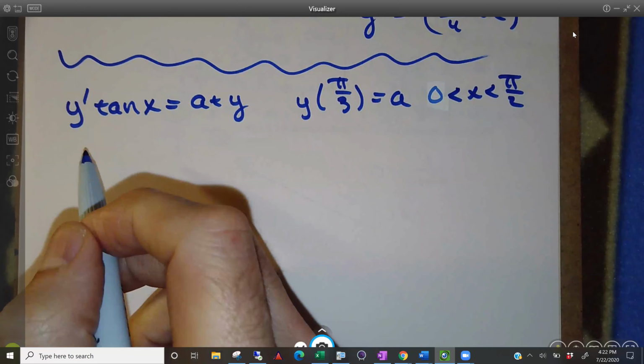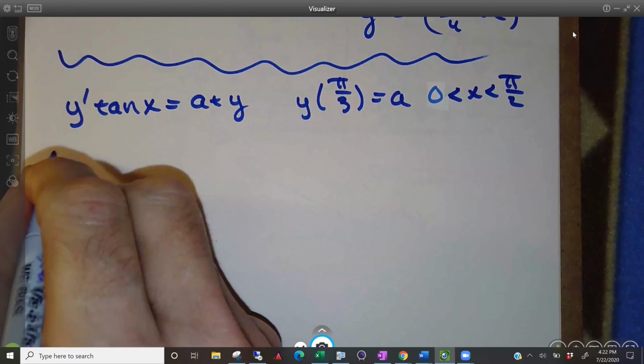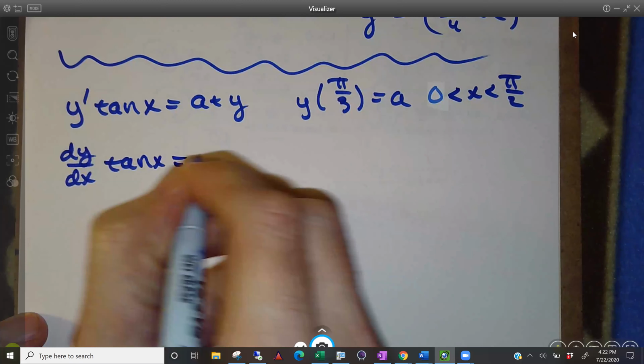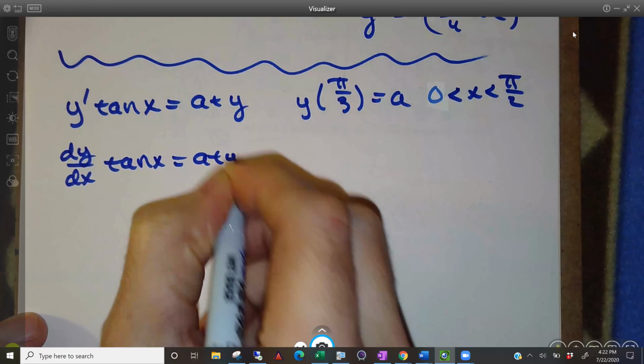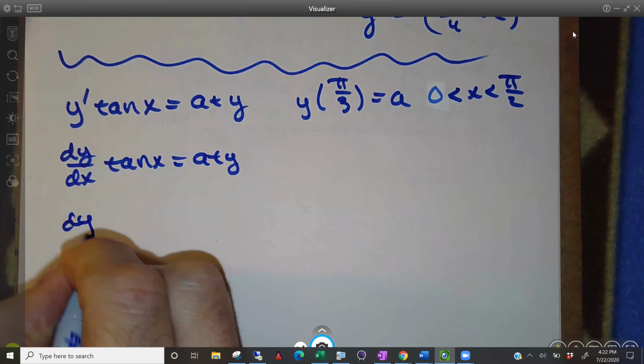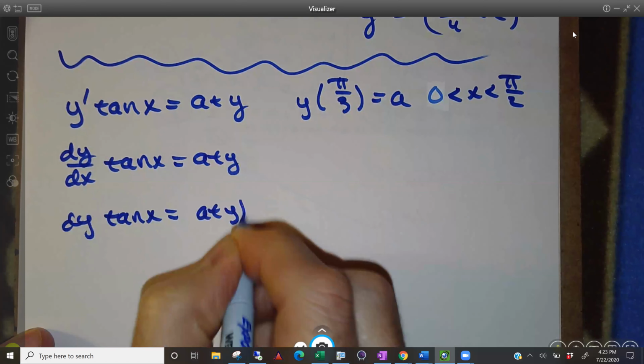This is dy by dx times the tangent of x equals a plus y. So dy times the tangent of x equals a plus y times dx.